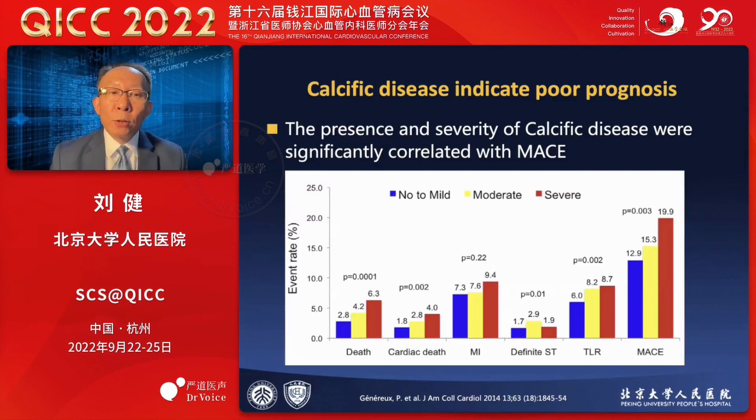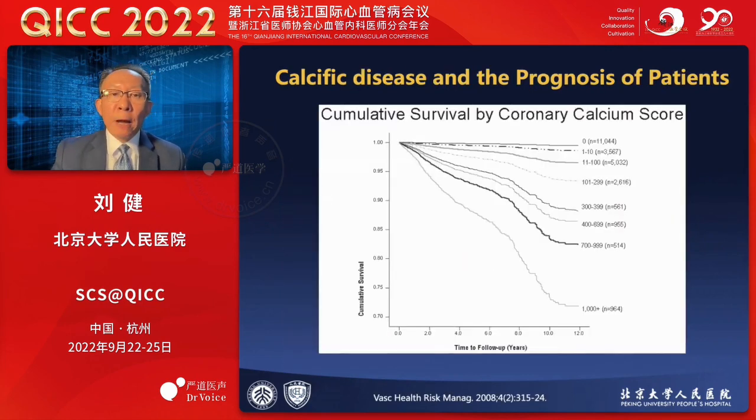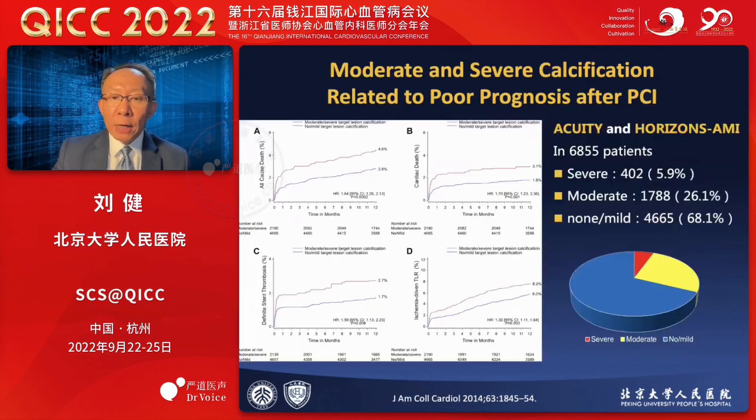And also we can see from this trial that if the patient has severe calcified lesion, the MACE percentage or the MACE possibility will increase. And also it shows that the patient has a calcified lesion that is related to the poor prognosis of the patient in the long term.